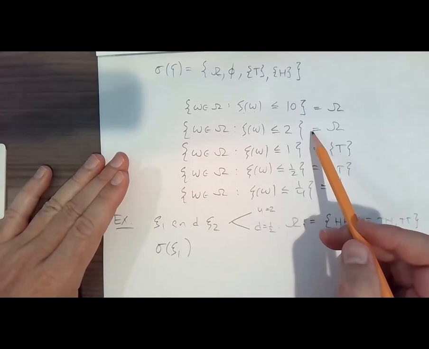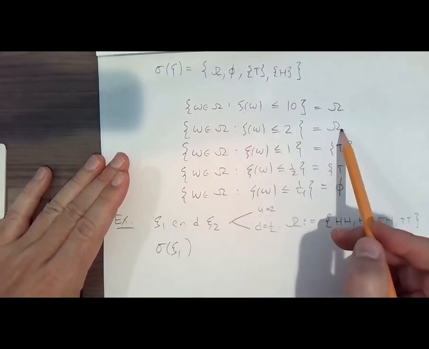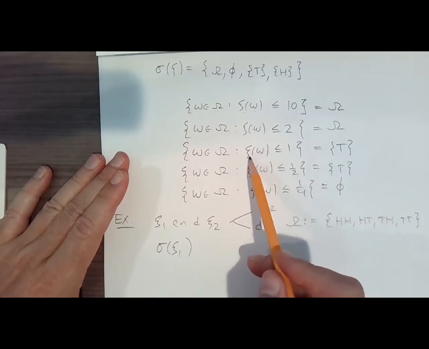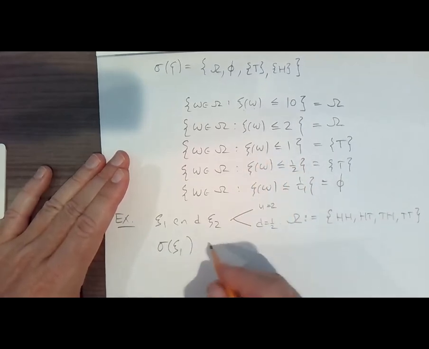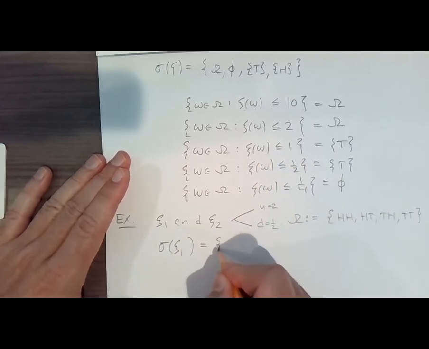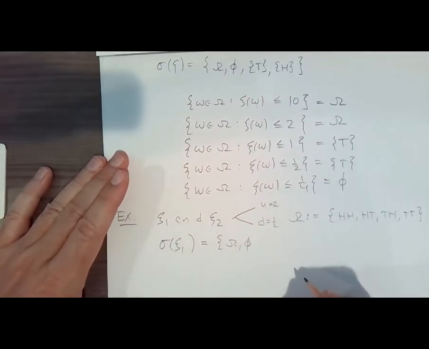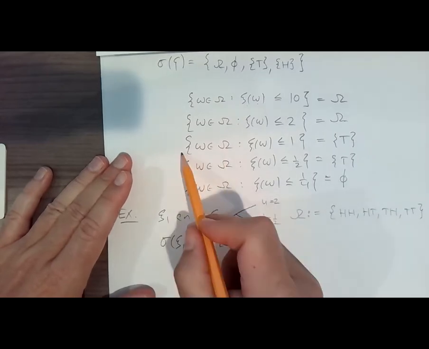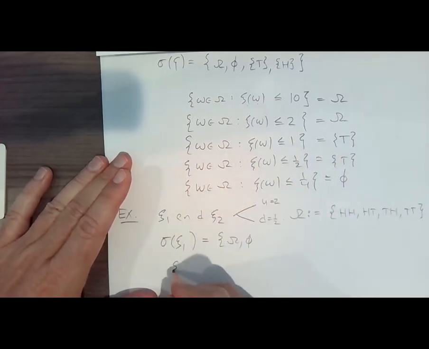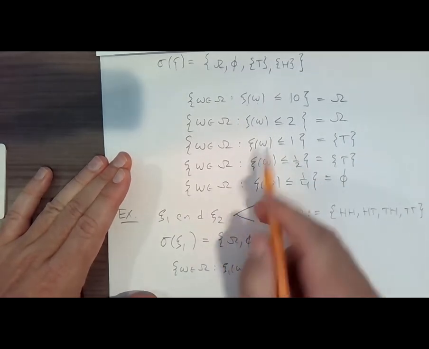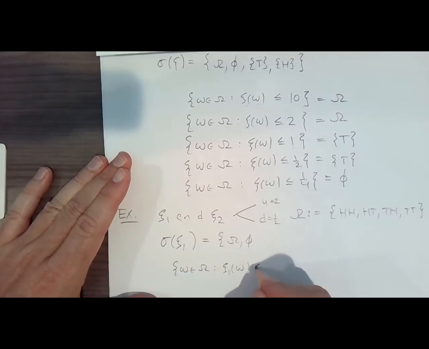If I'm looking at a set like this one, this is still going to be omega. But what about if I look at a set like this one, when psi 1 is less than 1? I'm still going to have omega in here, and the empty set will still be there. But what about a set like this one here? If I look at those omegas such that psi 1 of that omega is less than or equal to 1.